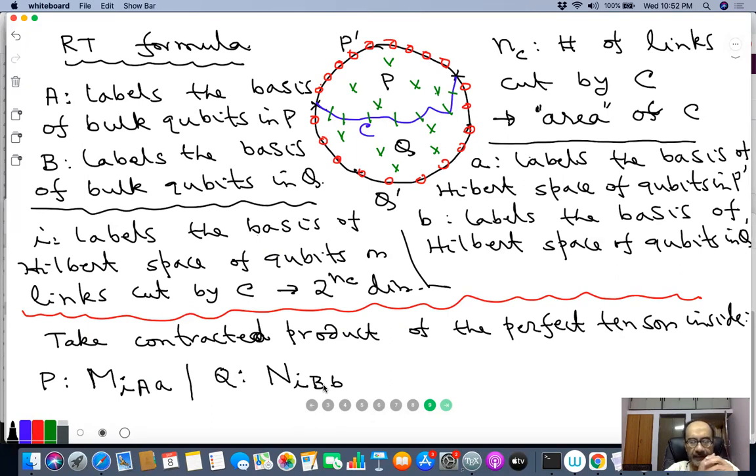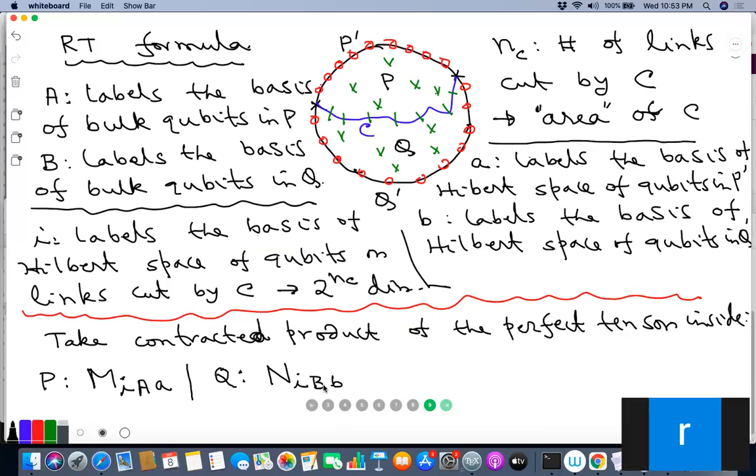Is this clear? Sir, why link indexing? Why coming in? Earlier we saw only the logical qubits and boundary qubits came, right? Yes, but if I define it this way, I have the perfect tensors at every vertex.